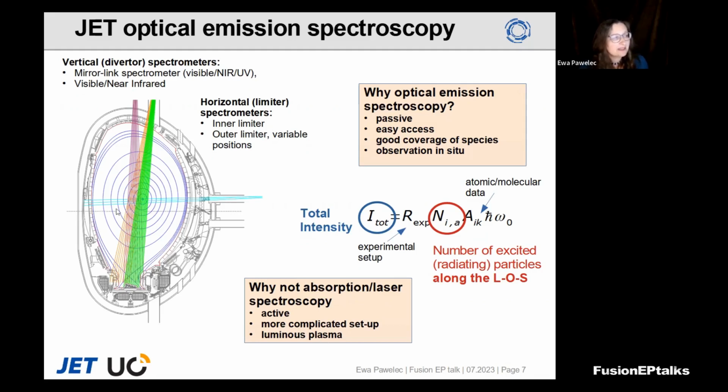And we have the spectrometers observing the walls, mostly the inner divertor, the inner limiter here around the level of the midplane, slightly up over the midplane, slightly lower as well. There are many, many lines of sight. And we have also visible spectroscopy observing the outer wall. There are not really spectrometers planned to observe the outer wall. They are used for charge exchange, but they also see the outer wall.